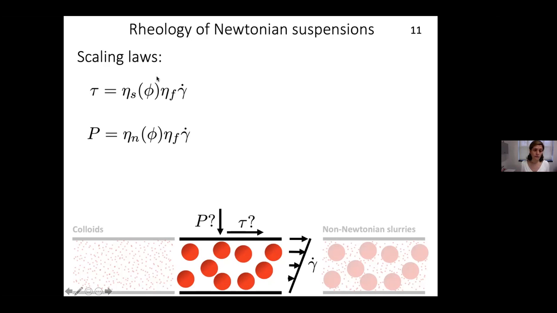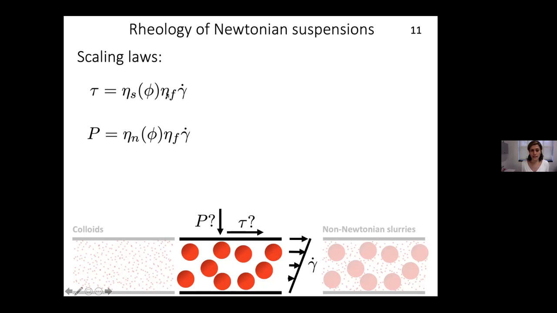So we can basically code all of this interaction into a function or multiplier that I'm going to call relative shear viscosity, and this is a function of solid volume fraction. And the larger the solid volume fraction, the larger the dissipation. So this is how we do it.